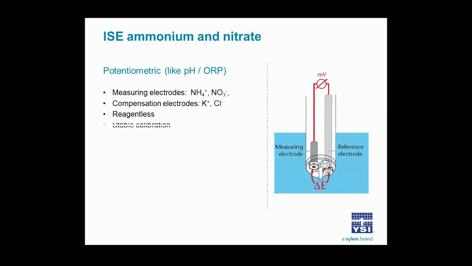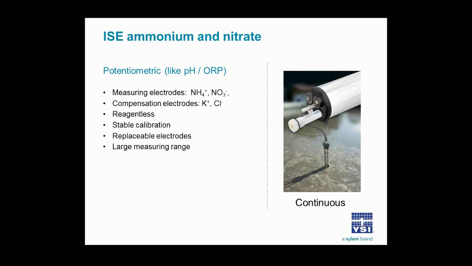And the benefits of newer technology are that multiple electrodes can be fit on this probe, so you can measure ammonium and nitrate simultaneously, and also compensate with a potassium or chloride probe. They are reagentless, have a stable calibration, electrodes are replaceable, and there's a large measuring range.